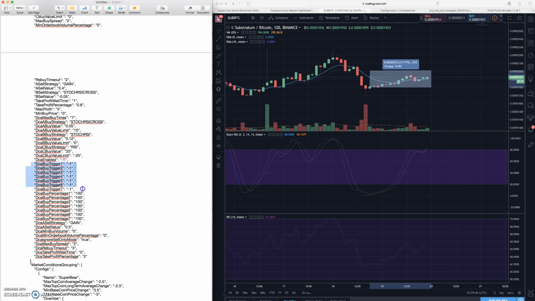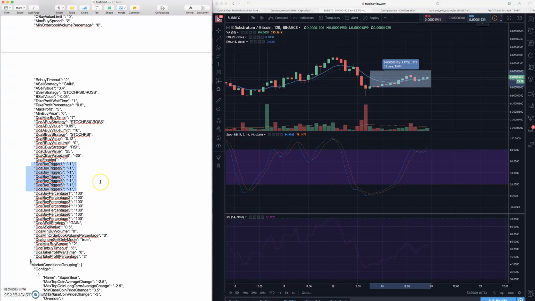These triggers, to me, the reason they're at -1, we've talked about this in the past, is simply because I want my DCA values to be enabled. Like, I want my buy triggers 1, 2, 3 through 7 to be enabled almost all of the time. And then I want to rely on my indicators to make sure that I'm buying at a decent time.